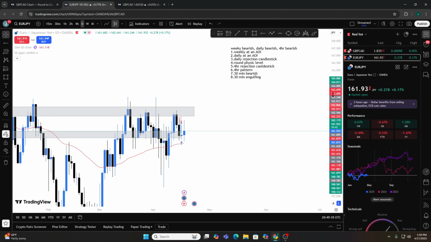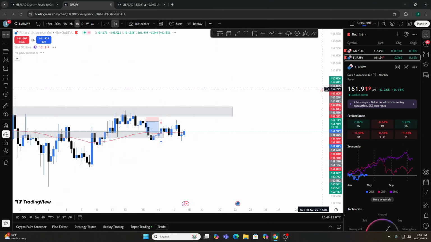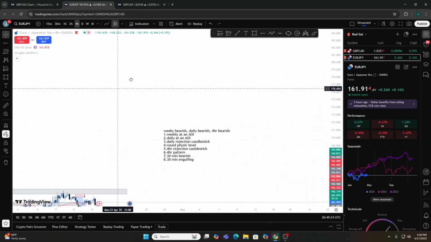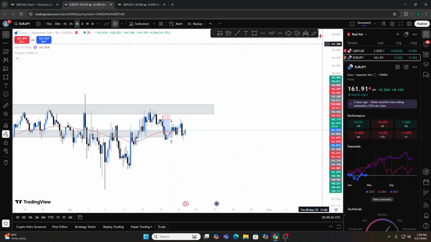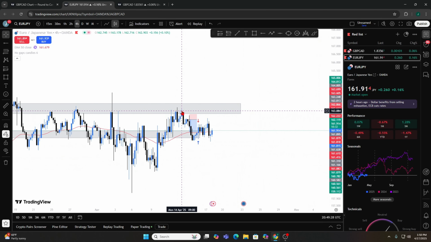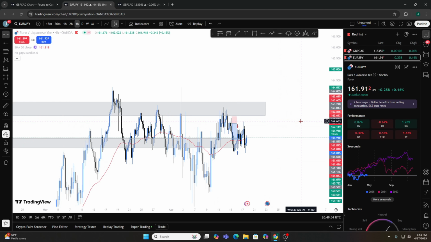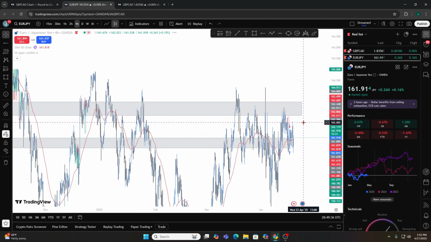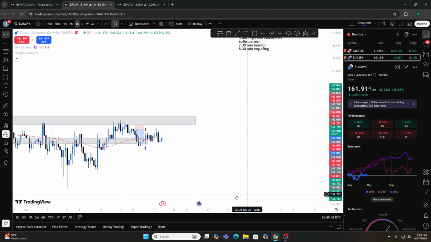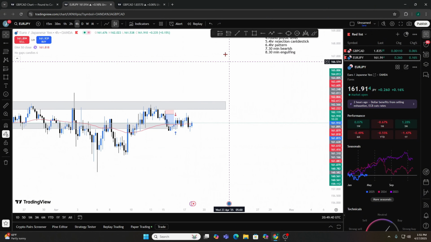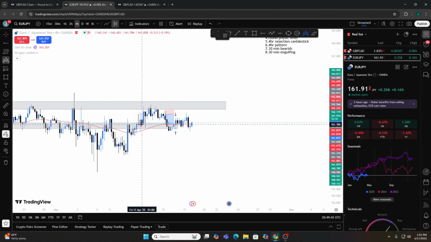So then we look at the 4 hour because that's all we had for the daily, and on the 4 hour we had a rejection candlestick, which was this one right here, the engulfing. We also had a 4 hour pattern, which was the head and shoulders.